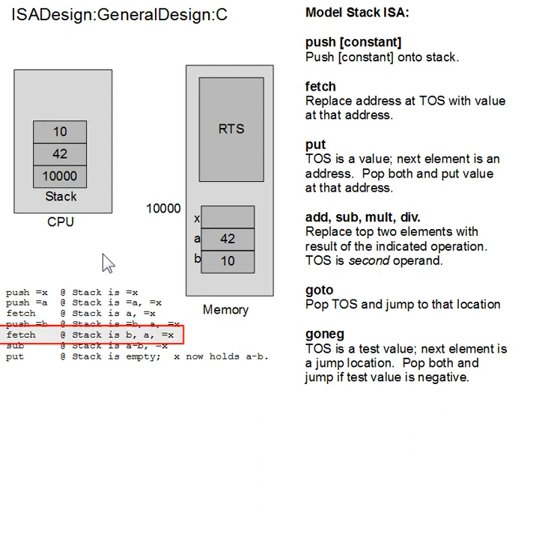Fetch pops the 10,008 and pushes 10 instead. Now we have stack contents 10, the value of B, 42, the value of A, and 10,000, the location of X.